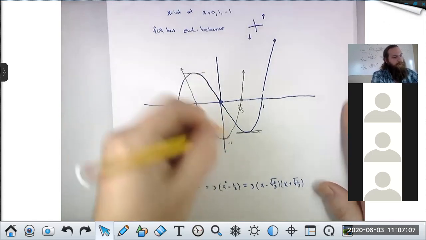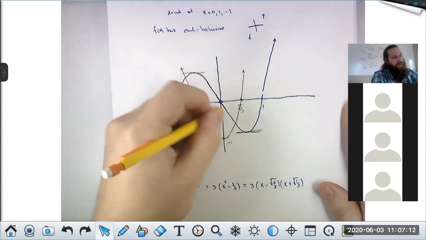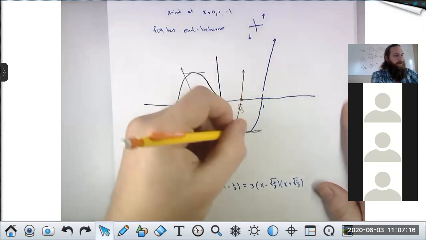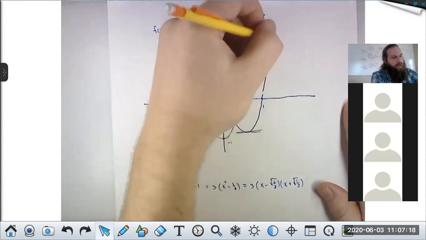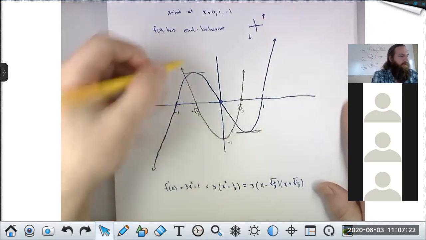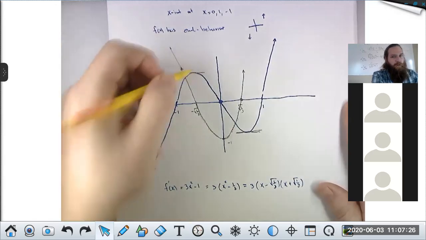Here, where f prime is negative, my function is decreasing. Out here, where f prime is positive, my function is increasing. And over here, where f prime is positive, because it continues out like this, my function is increasing.